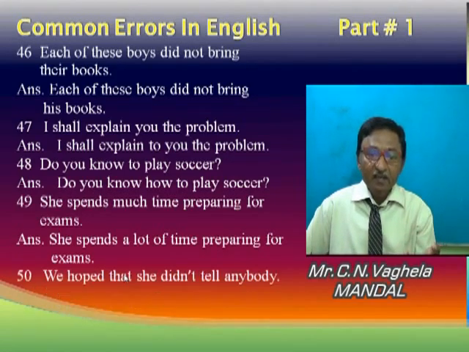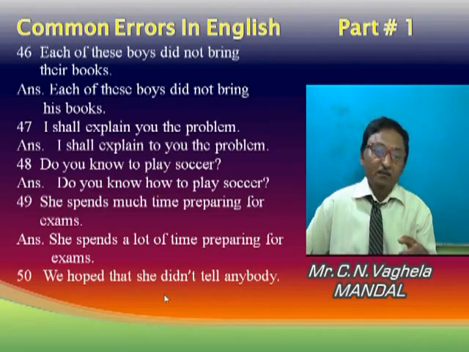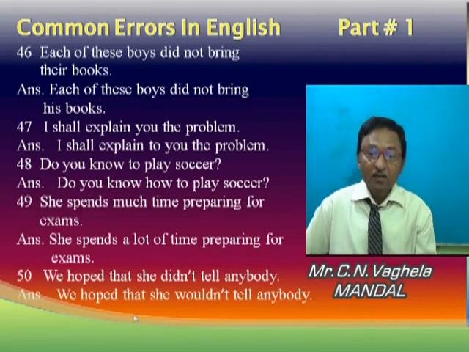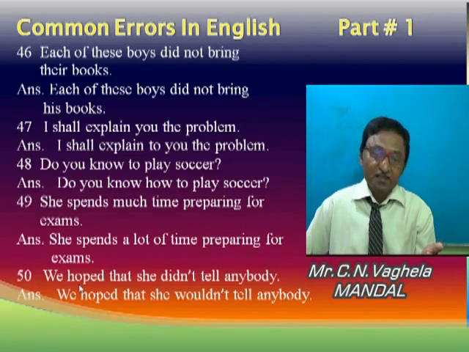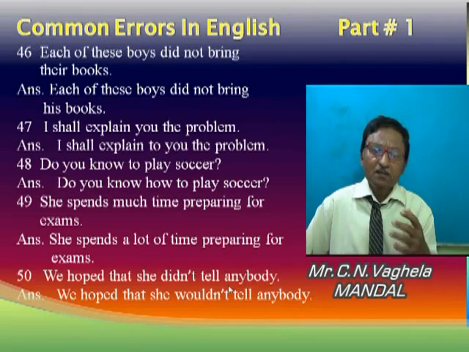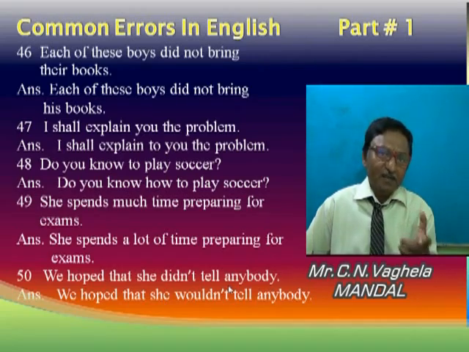We hoped that she didn't tell anybody. That is wrong. Correct is, we hoped that she wouldn't tell anybody. Here in the first sentence, we hoped, that is simple past tense, and she didn't tell anybody. The sense is from future tense, but the sentence is in past tense.